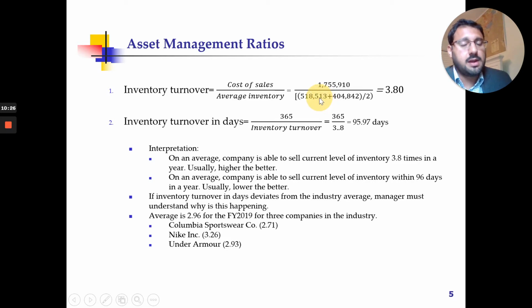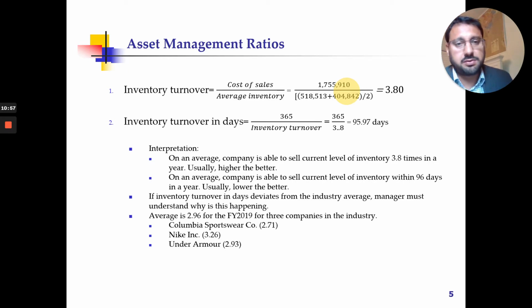So in February 2019, this was the level of inventories: 404,842. These numbers are in millions, so I am ignoring the three zeros in both the numerator and denominator, which will cancel each other in the ratios. All numbers I discuss in this lecture are in millions of dollars.